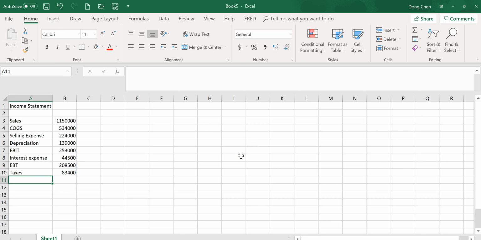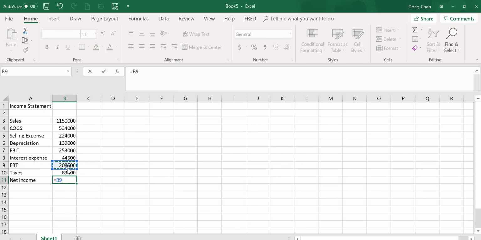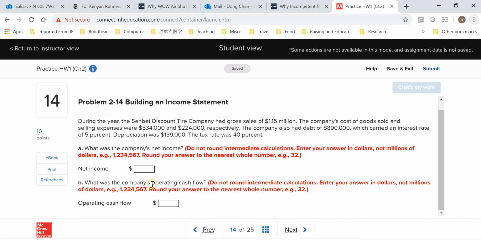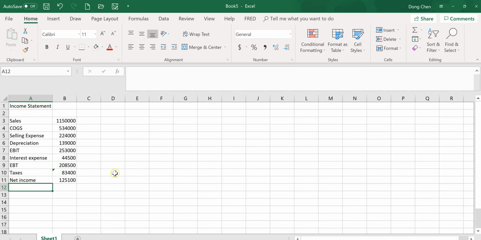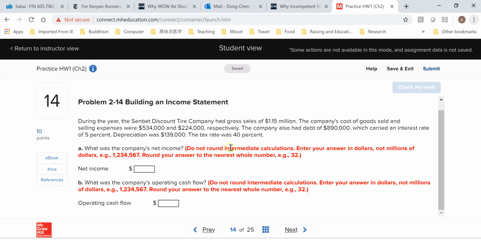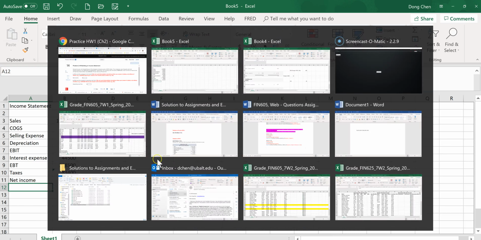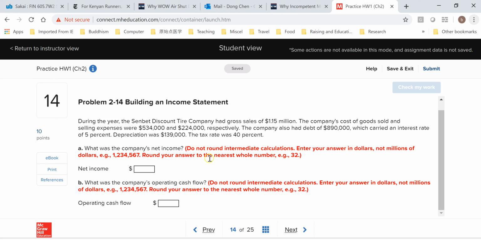And then the difference between the EBT and the taxes is simply our bottom line on the income statement, the net income. So I believe that's the first part of this question. And by using Excel, I also automatically meet the rounding requirement of not rounding the intermediate calculations.